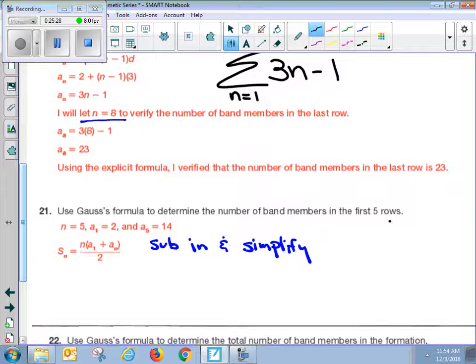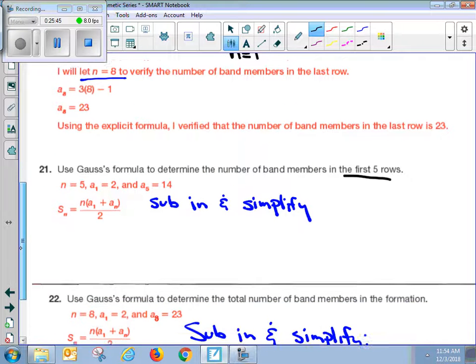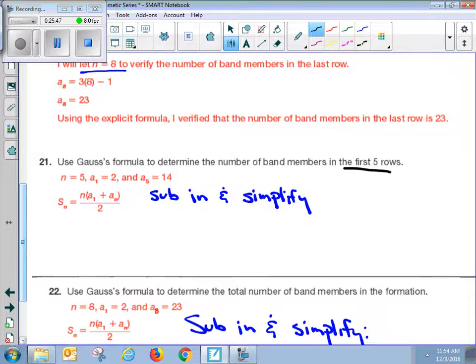This time there's only going to be 5 rows. So use Gauss's formula to determine the number of band members in the first 5 rows algebraically, not just adding up the first 5 numbers. So try it. I gave you everything you need. I gave you n is 5. I gave you a sub 1 is 2. I gave you a sub n is 14.